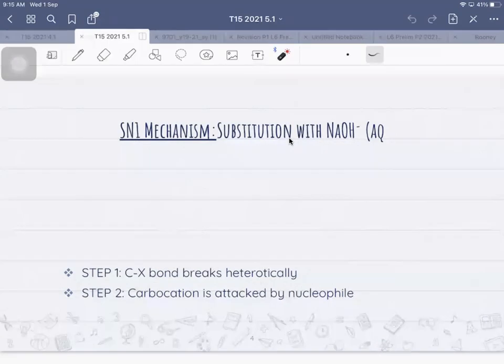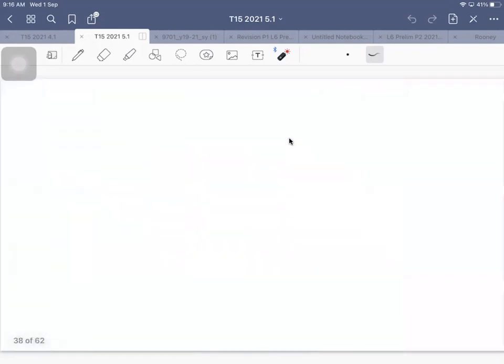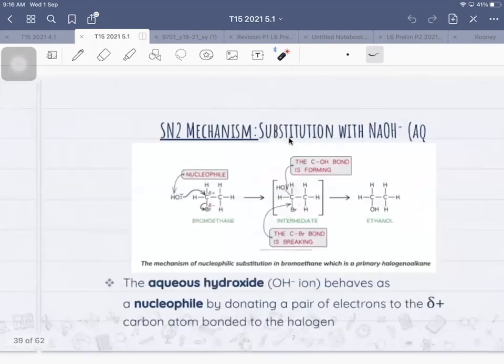It's the hydroxide ions, okay? It's basically the same as the mechanisms that you have drawn on page 4 and 5, okay? So just check with your notes. I will skip that part.